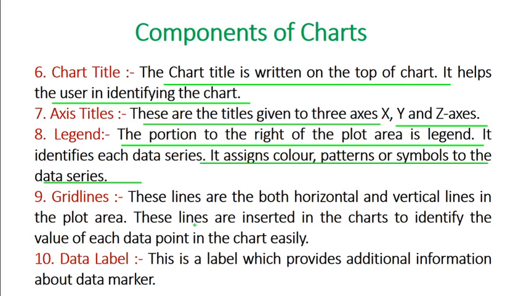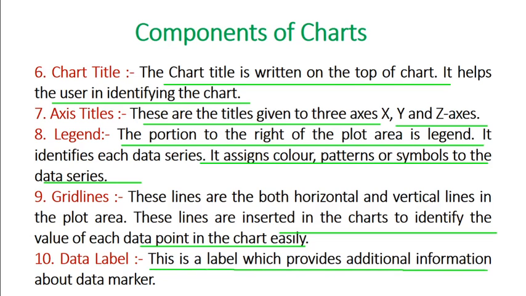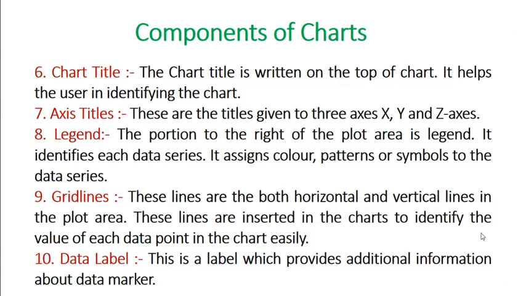These lines are inserted in the charts to identify the value of each data point in the chart easily. Got it? Now the last component is the data label. This is the label which provides additional information about the marker. So these are the 10 components of charts.